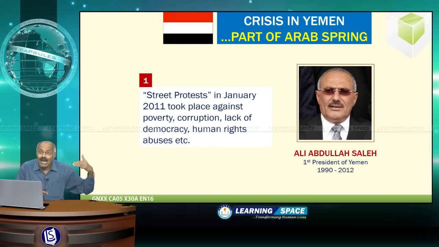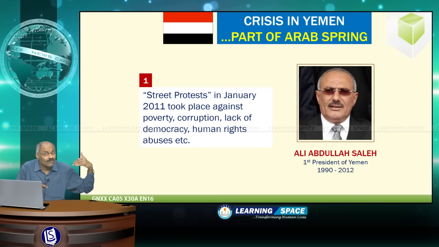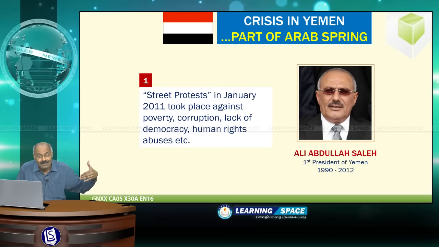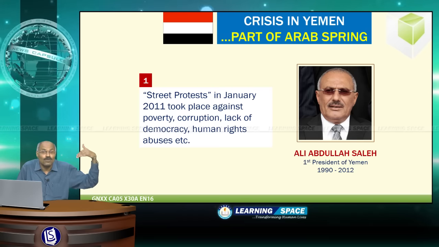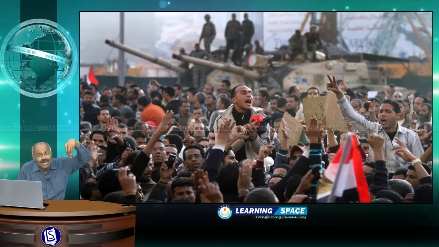Please don't forget, Ali Abdullah Saleh was the first president of Yemen from 1990. As I have already told you, both the Yemens unified to become Yemen in 1990. Since 1990, for 22 years, there was only one president, Ali Abdullah Saleh. So against his authoritarian rule, street protests took place in 2011.